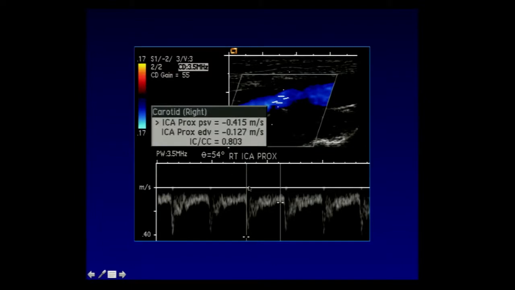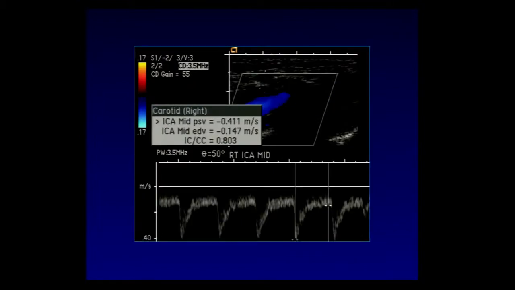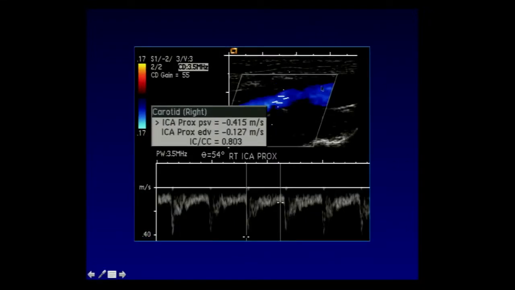Always display the angle correction so you know if the angle that was used is under 60. Here's the mid. And you can see, this is interesting, I can't see the color box. Here you can see the angle, and whether there is a jet, if it's parallel to that, or if it's angled with the posterior wall, if there's no stenosis.